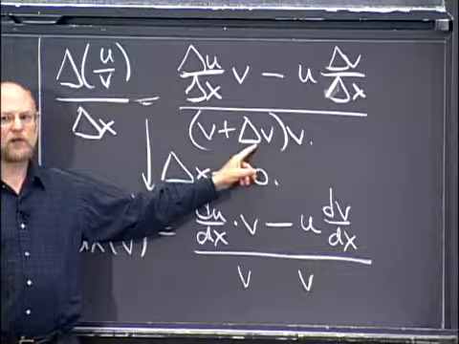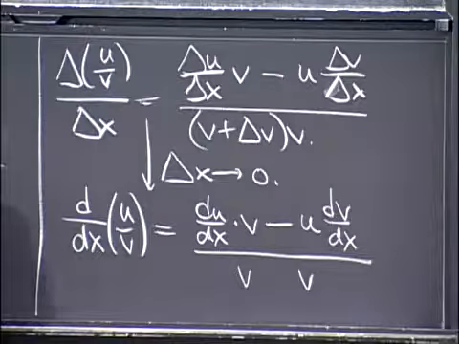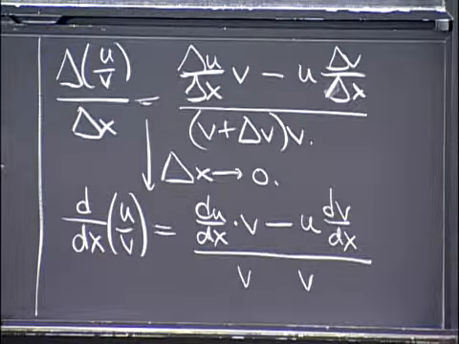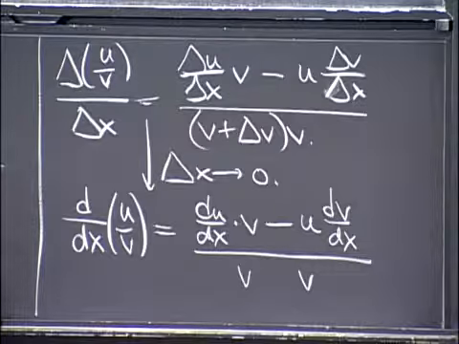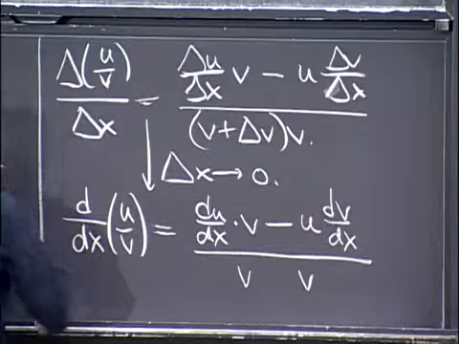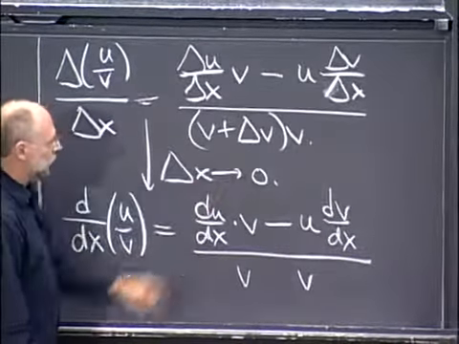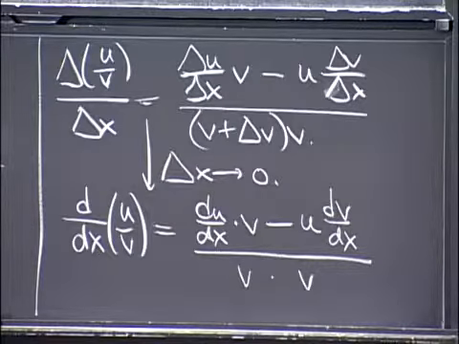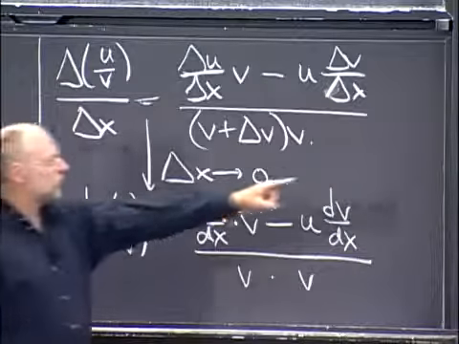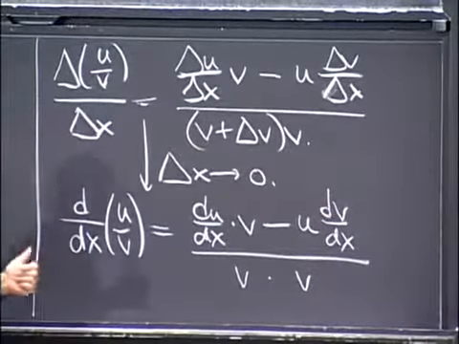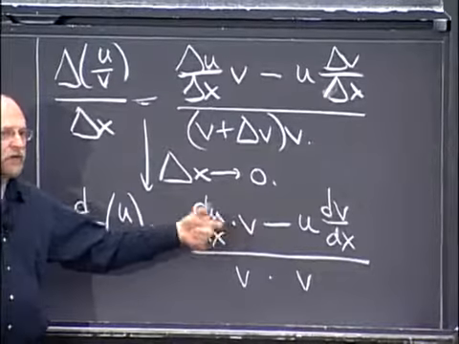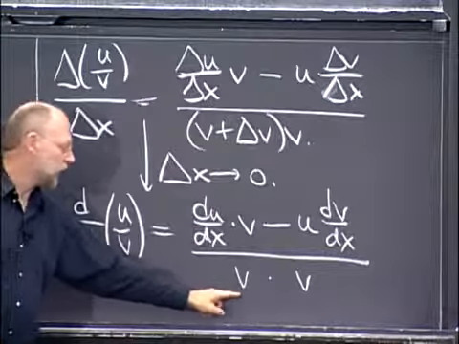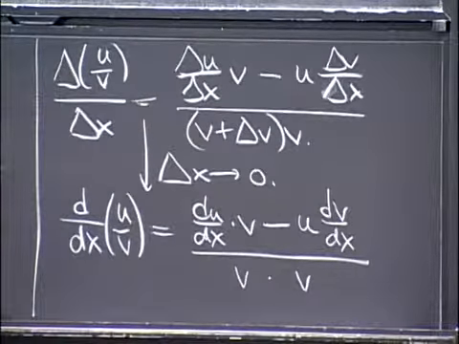What happens to this delta V? It goes to 0 again because V is continuous. So again, delta V goes to 0 with delta x because they're continuous, and you just get V times V. I think that's the formula I wrote down over there. The derivative of U times V minus U times the derivative of V, and all divided by the square of the old denominator.